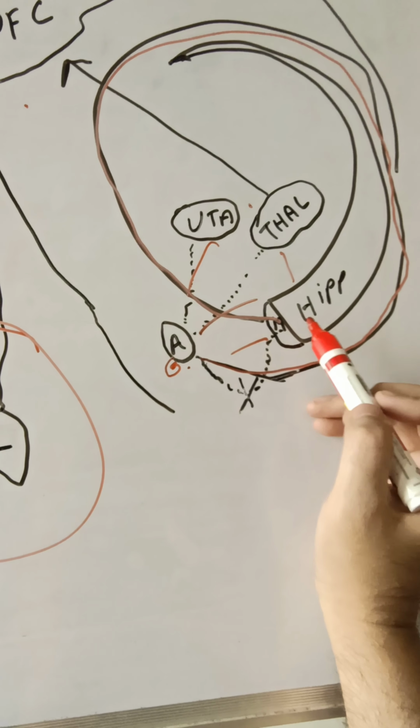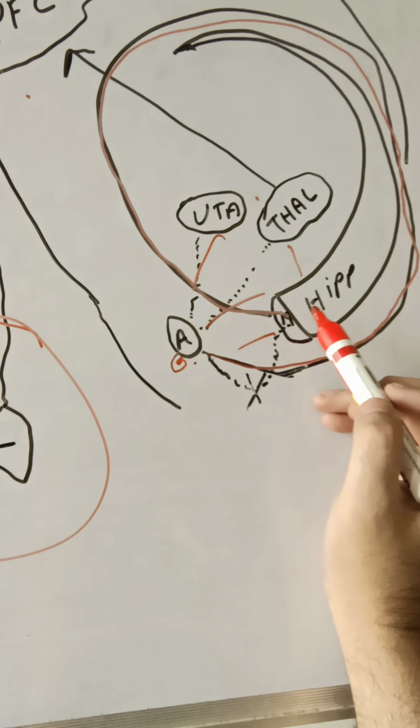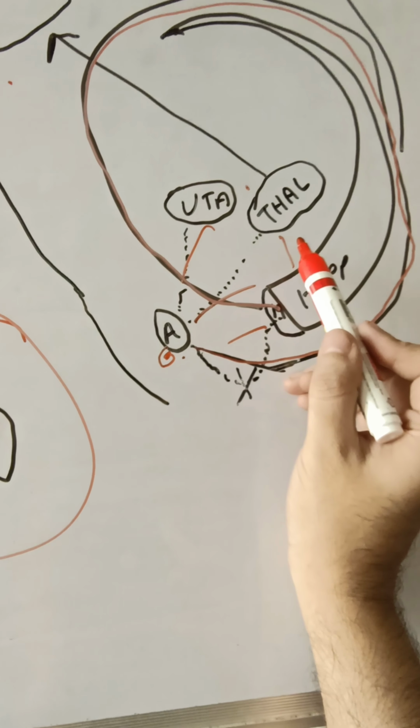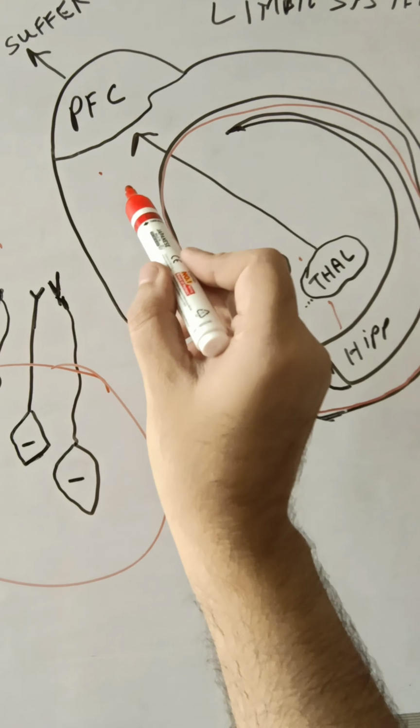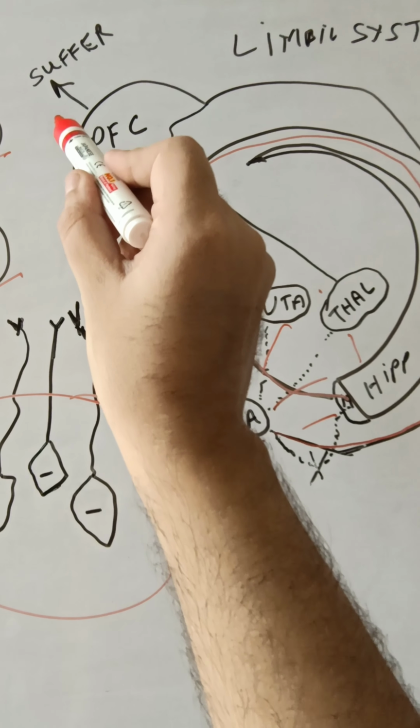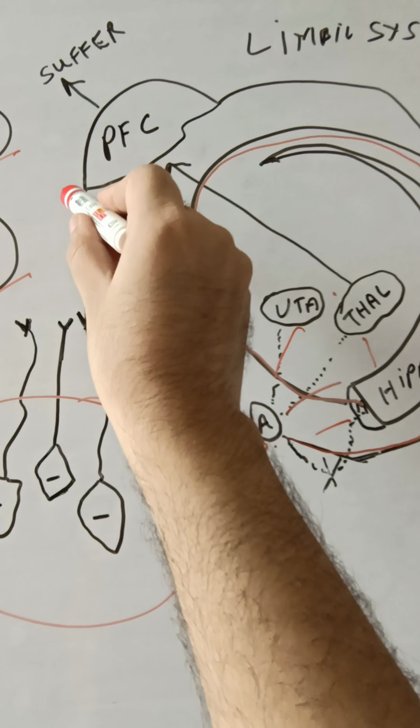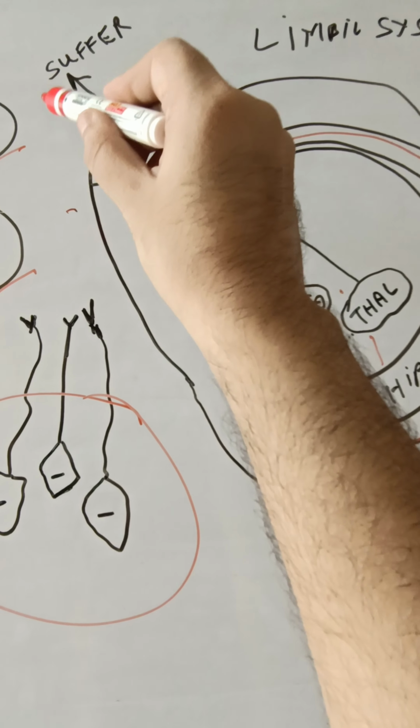All of that negativity will be projected inside your head, and the thalamus will communicate with the prefrontal cortex, and the end result will come out as you're suffering in silence.